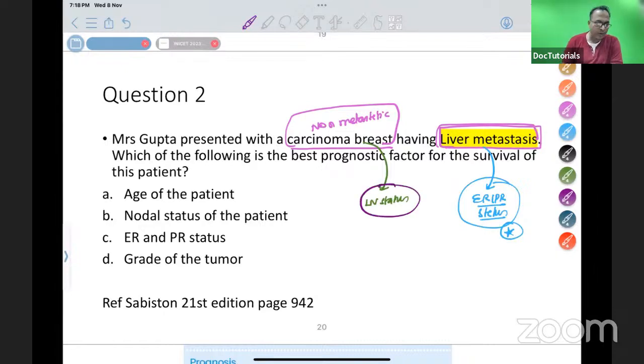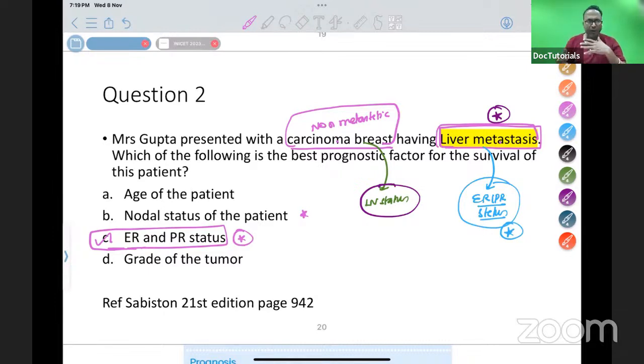I don't know whether the question had a liver met. Some students told me the question had a patient with cancer breast and metastasis. If metastasis is in the question, ER/PR status should be the best answer. If there is no metastasis mentioned, you can go for lymph node status. So it depends upon the question. If the question mentions metastatic cancer breast, the answer should be ER/PR status.